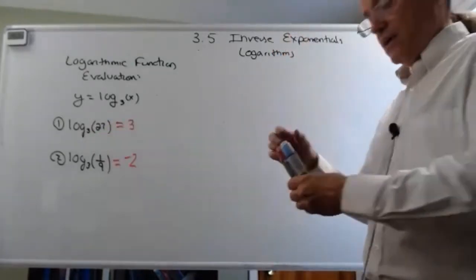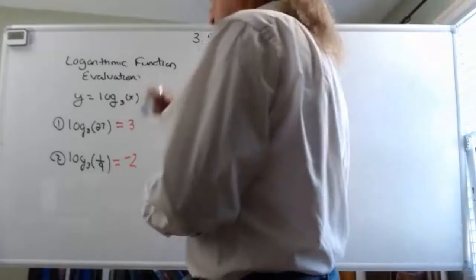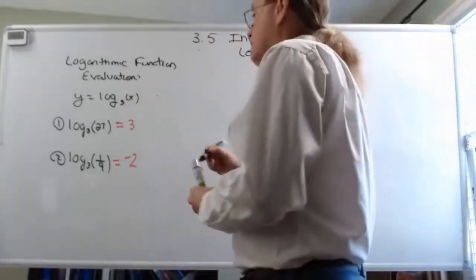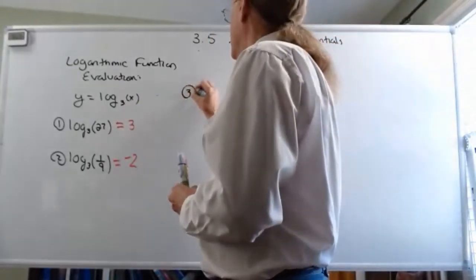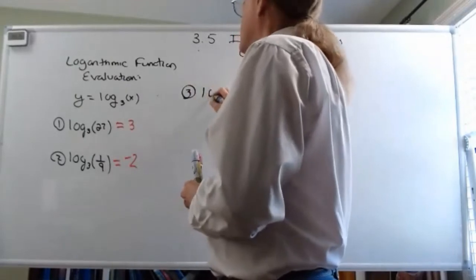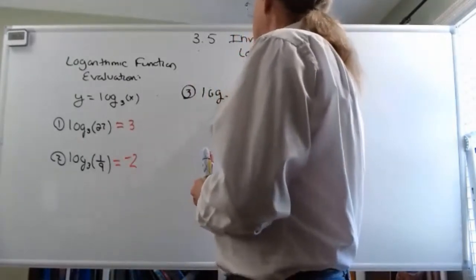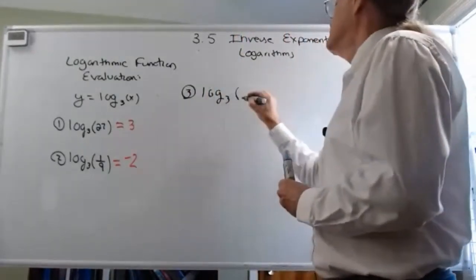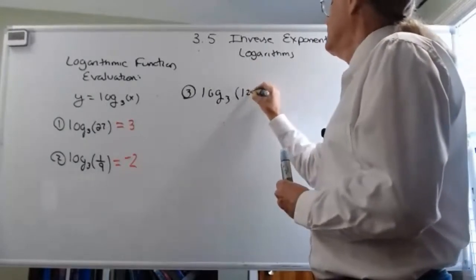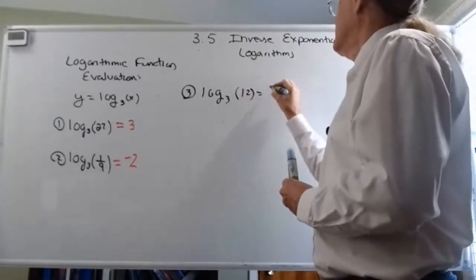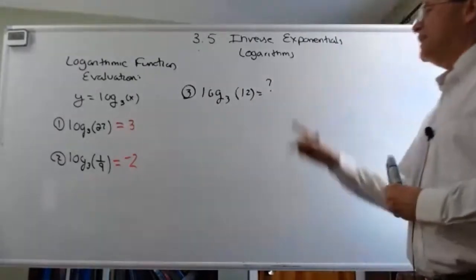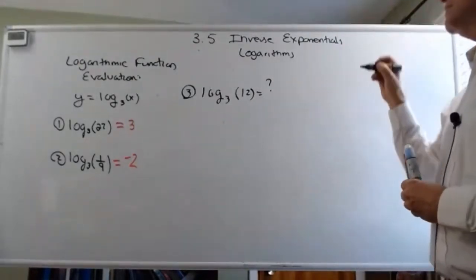But what about other values? For example, let's say I take that same one and I wanted to compute the log in the base 3 of, say, 12. Well, if I set the exponential form up, it's a little bit harder.